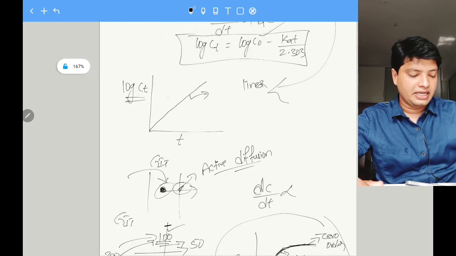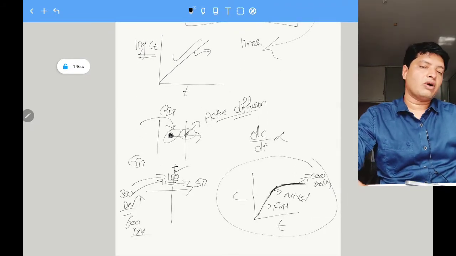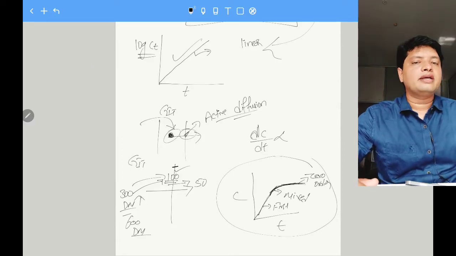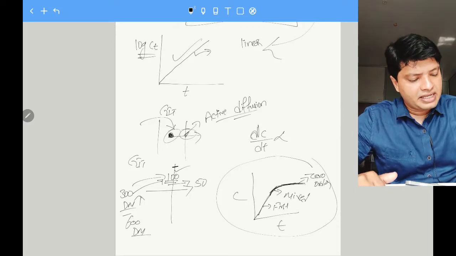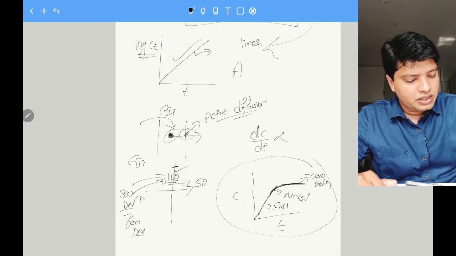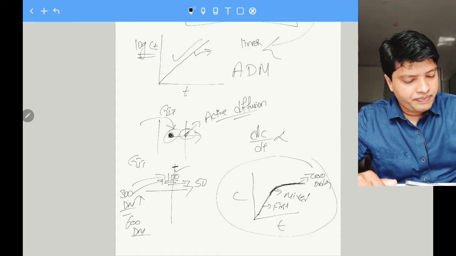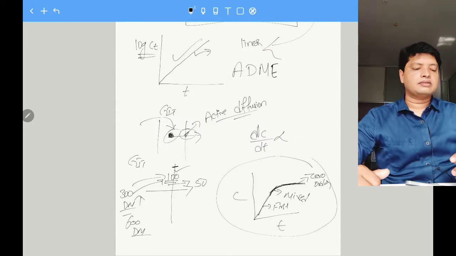See, here we saw it is linear because first it is linear, then it is curving. We call this as a non-linear pharmacokinetics. So remember, in any case, I have given the example of absorption. You take absorption, distribution, metabolism and elimination.